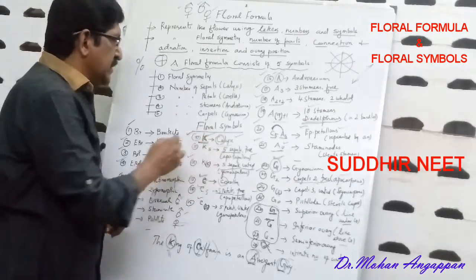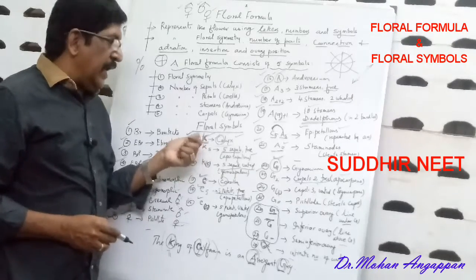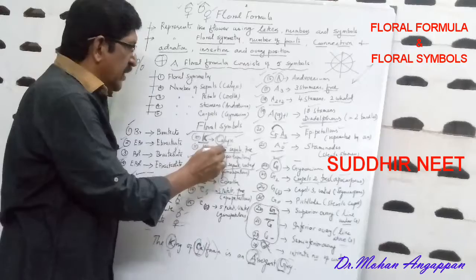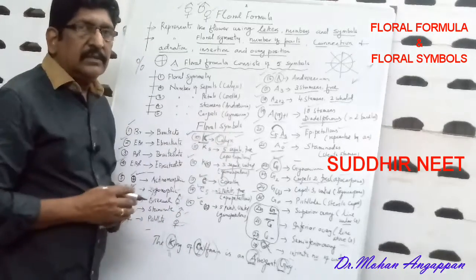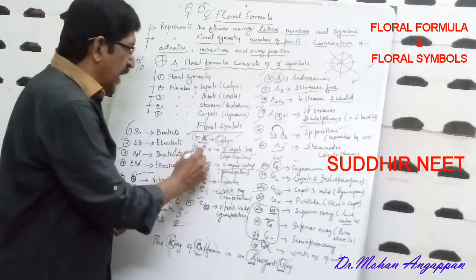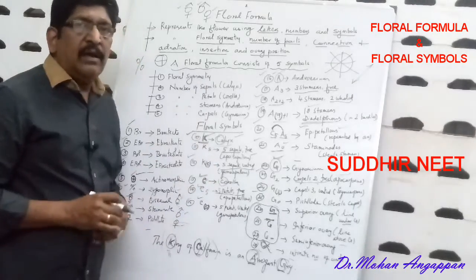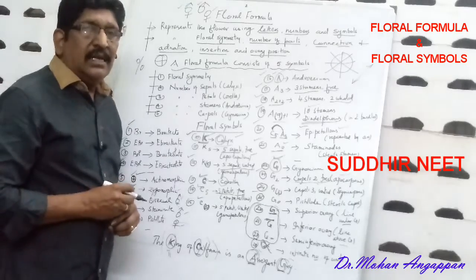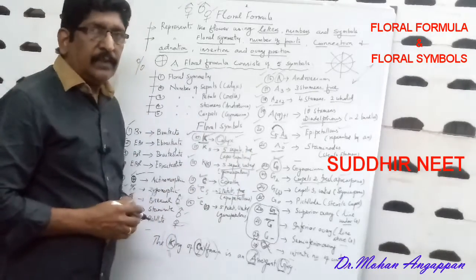Then coming to calyx, the symbol is the letter K. If there are 5 sepals and they are free, then the symbol will be K5. K for calyx and 5 sepals, and they are free, aposepalous condition.